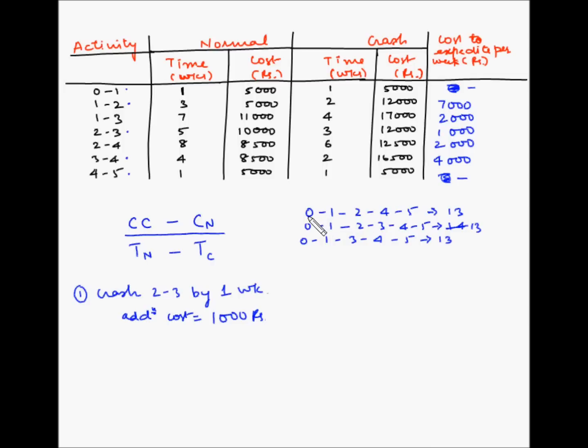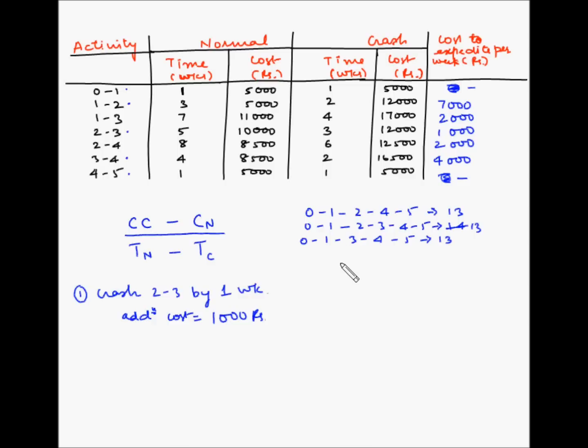Now the 2 activities which are common to all the 3 paths are 0, 1 and 4, 5. So 0, 1 and 4, 5 are there for each of these paths. However, 0, 1 and 4, 5 cannot be crashed. So 0, 1 and 4, 5 are not feasible options.